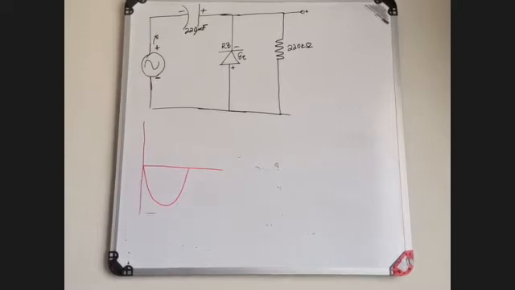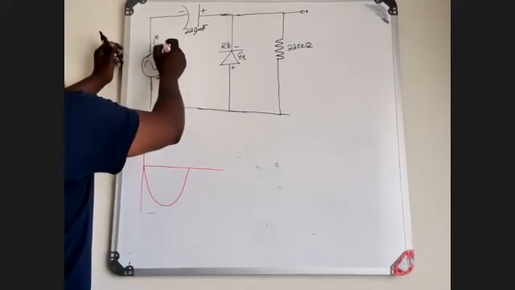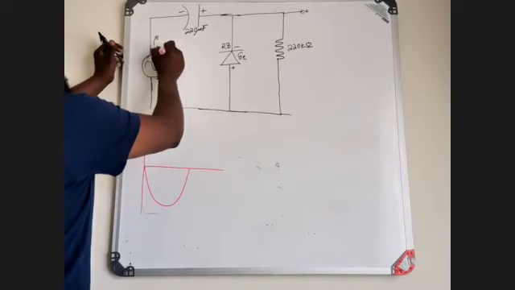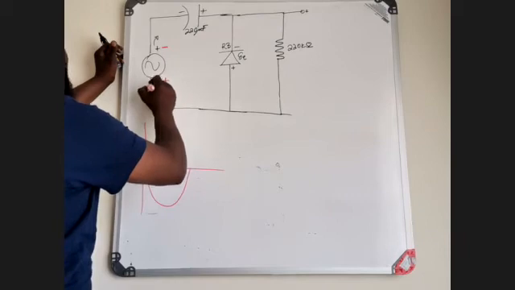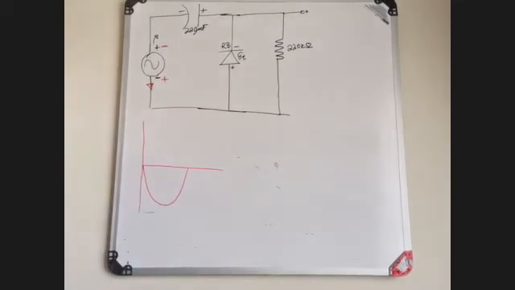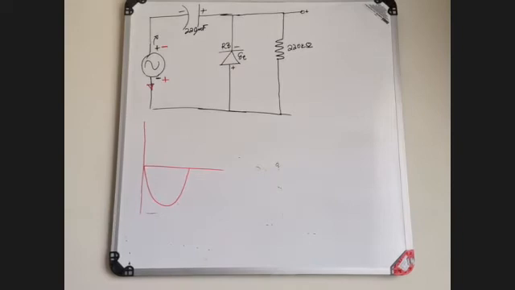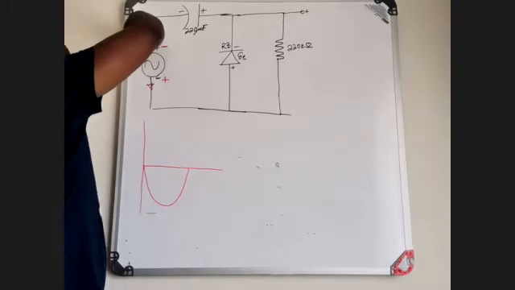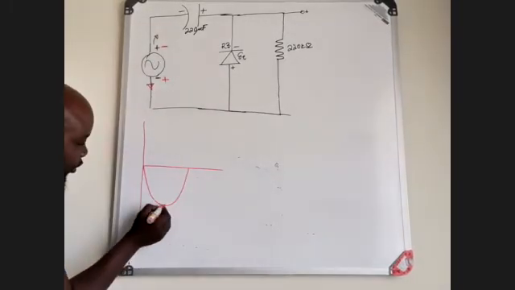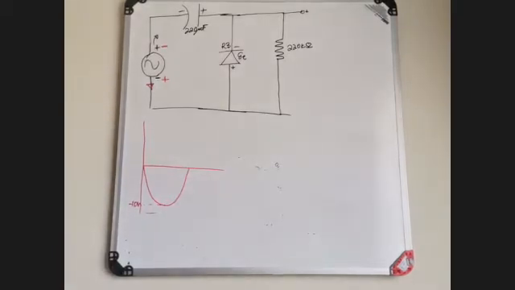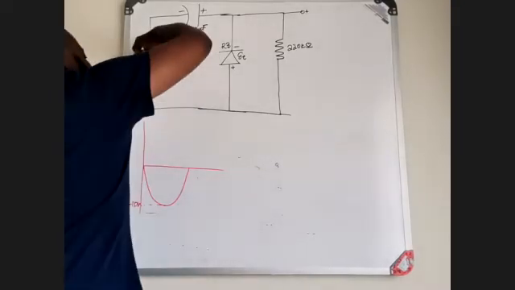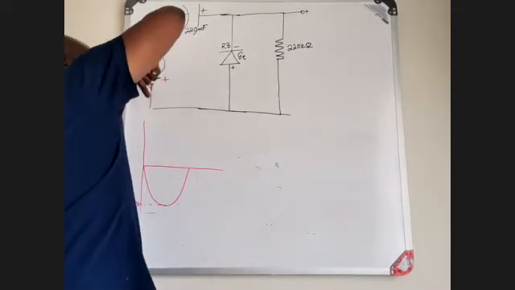When we look at this from the negative cycle, here it must be more negative and here it must be more positive, which means now your current is moving in that direction. Now you are looking at this at minus 10 volts. That is the negative cycle, which means minus 10 volts with respect to the direction of the current flow.